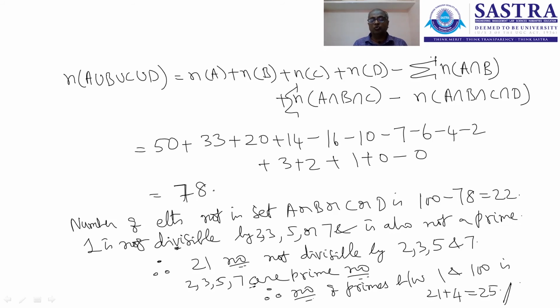Okay, so you have 2, 3, 5, 7, then the next one would be 11, 13. So you can list out the primes between 1 to 100, and here I have used the principle of inclusion and exclusion to find the number of primes between 1 to 100.